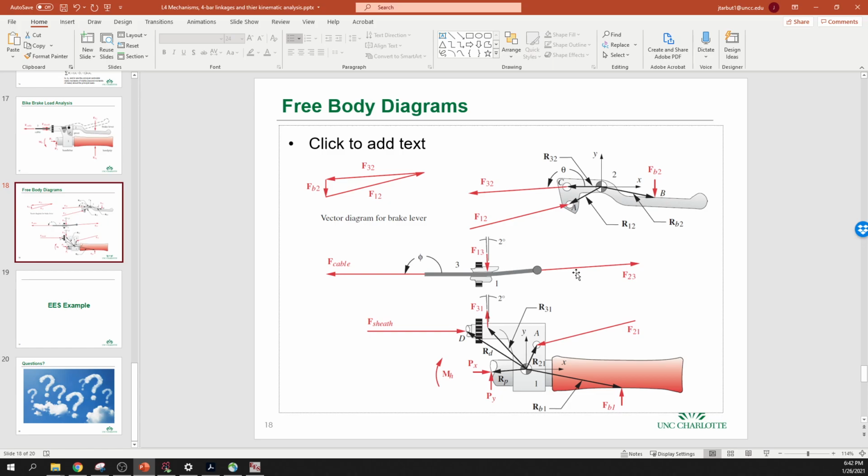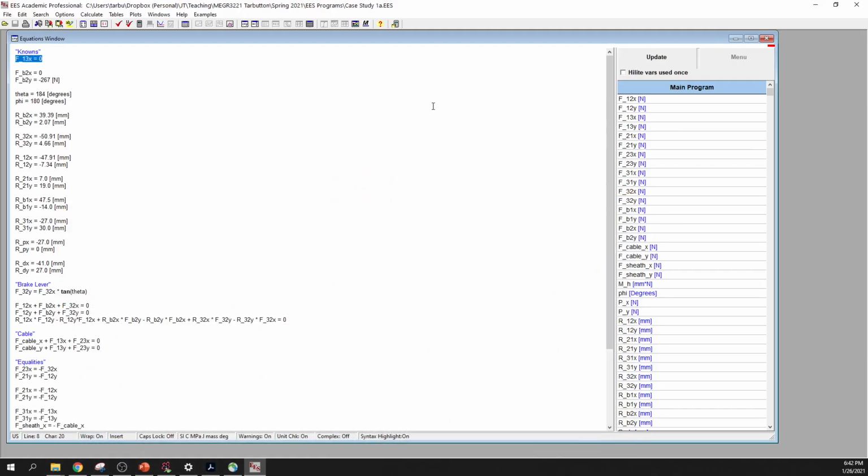We assume that that angle is small, but the force is not insignificant, and so we have the X component, we just say it's some F32 times the tan of theta, and we define theta as 143 degrees. So these are the parameters from that problem.